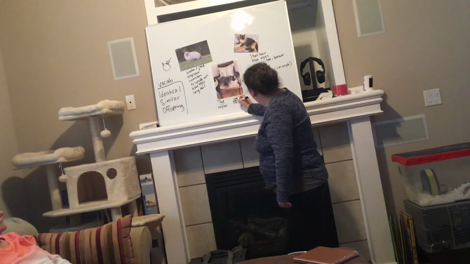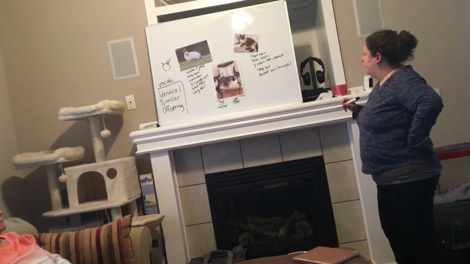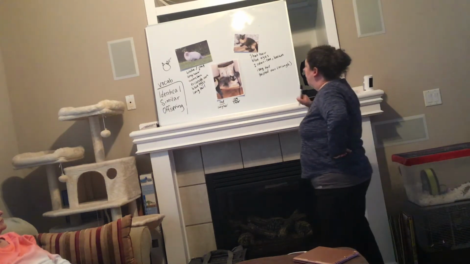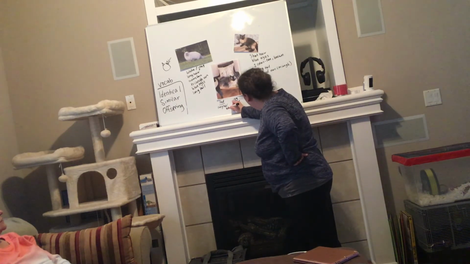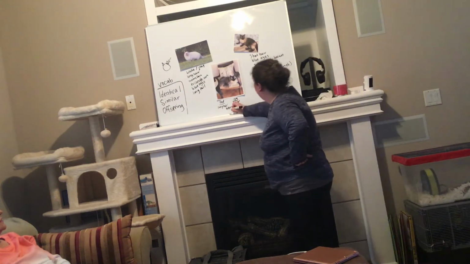Good. What else? Blue eyes. Which one has blue eyes? Both. Yeah, they both have blue eyes. We can put blue eyes in the middle. Pointed ears in the middle too. They both have pointed ears.